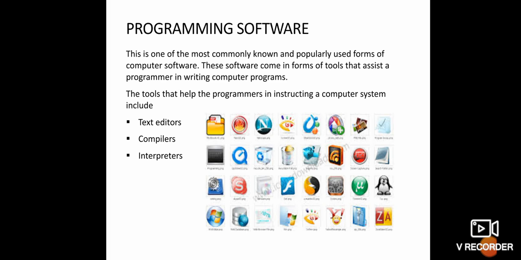What is a text editor? It is a type of computer program that edits plain text. And what is a compiler? It is software that translates or compiles source code written in a high level language, for example C, C++, Java, etc., into a set of machine language instructions that can be understood by the computer's CPU. And there is something called an interpreter.